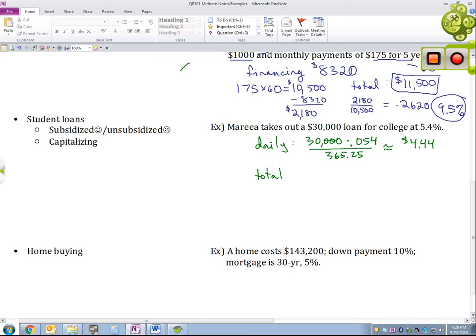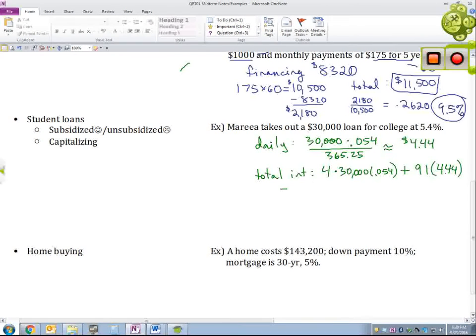Or we could be a little more precise about it, and we can say the total interest gained is going to be the 4 years, so I'm just using the simple interest formula here, 4 times the 30,000, I'm using it out of order, that's okay, same thing, so principal is 30,000, T is 4, rate is 0.054, okay, so that's the 4 years, plus, and then September and November have 30 days, October has 31 days, that's a total of 91 additional days times the $4.44, okay?